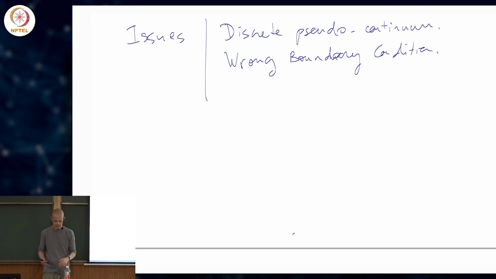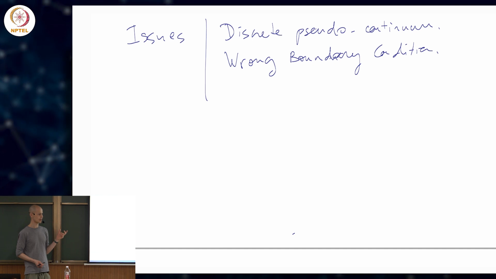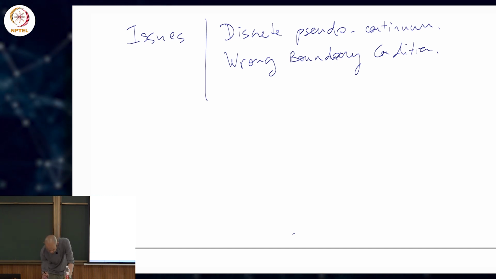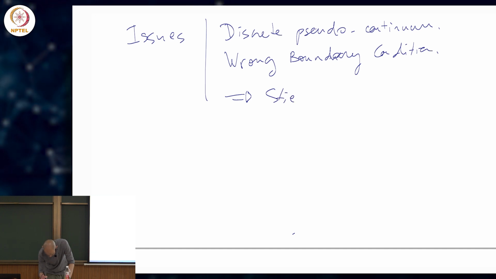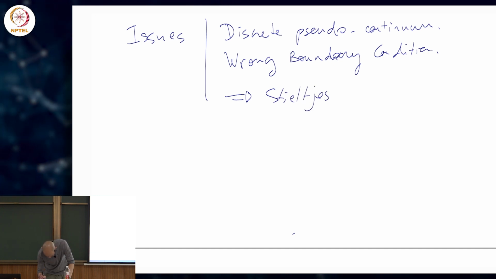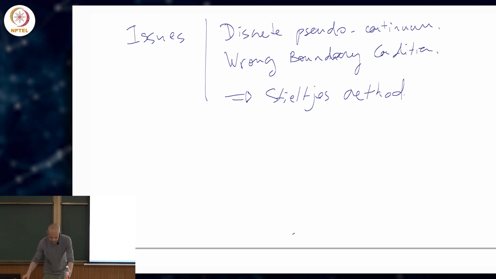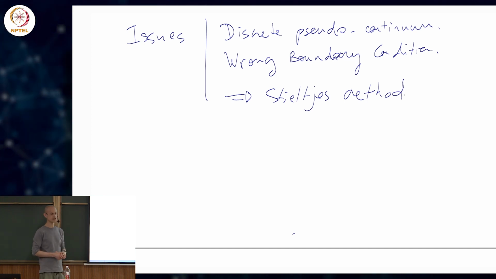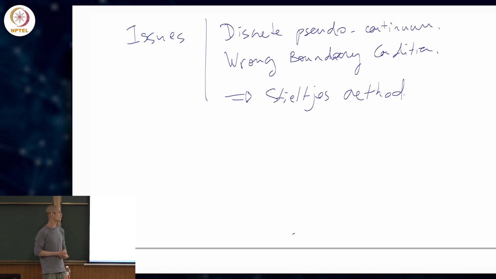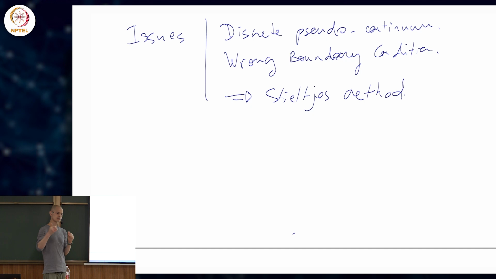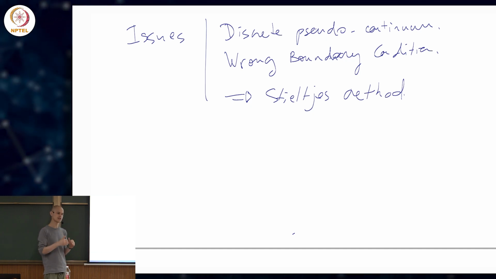Okay. So we need a fix for those two problems, and the fix that we use is called the Stieltjes imaging method. It's just a method to renormalize the pseudo-continuum and to get a pseudo-continuum that you can interpolate at the energy of the bound state.